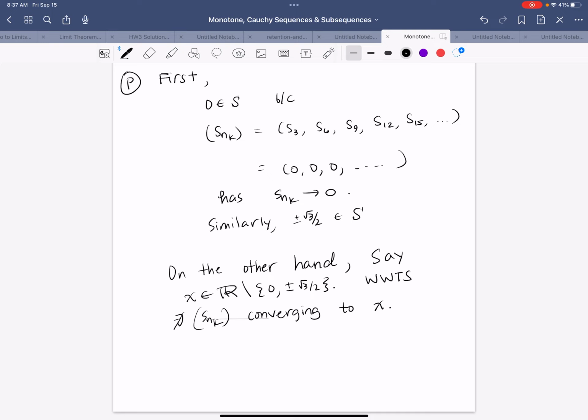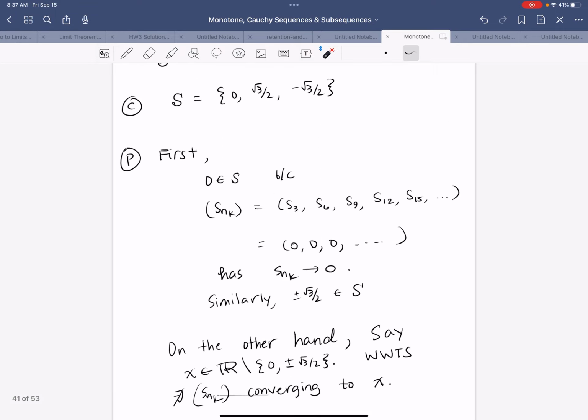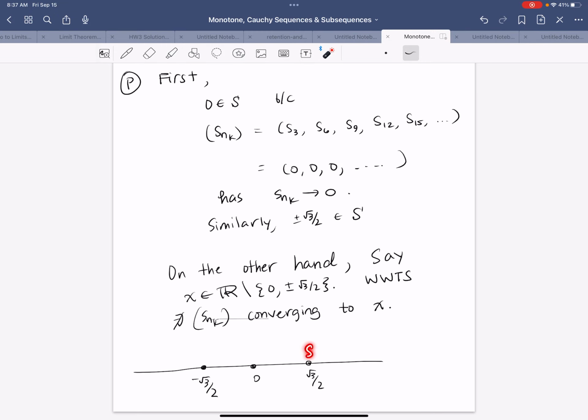Okay, so now here's 0, and here's root 3 over 2, and here's minus root 3 over 2. And now the terms start off, where do we say the terms start off at, like, so like this is S1, and it's also S2, and then here's S3, and then here's S4, and S5, and S6, and S7, and S8, and S9, and S10, S11, S12, S13, right?